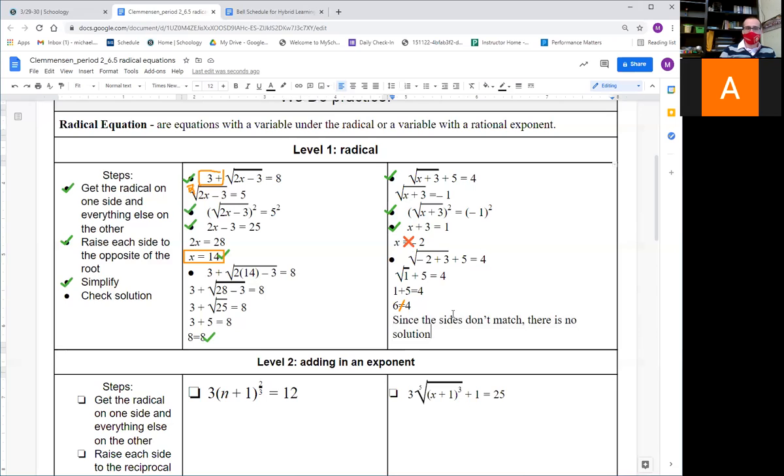Are there any questions on that? Anybody have any questions on level 1? Any part of this? Anybody want me to repeat anything? Anything at all?